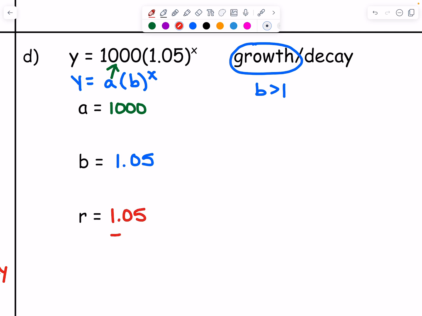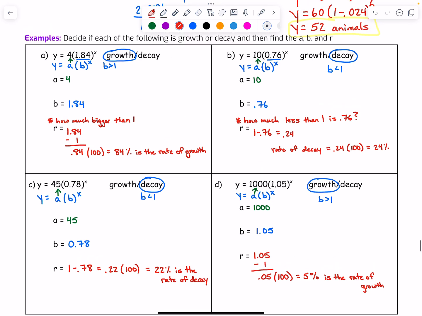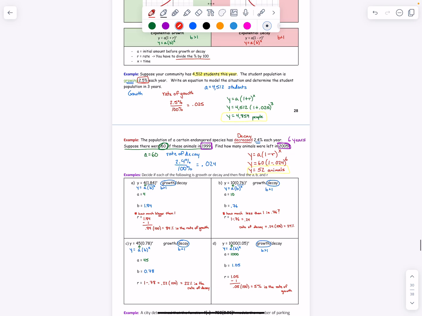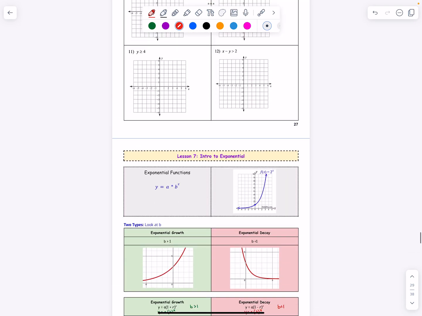So if we subtract 1, we get the difference between the two, which is 0.05. Then just multiply that back by 100 and we get 5% is the rate of growth because that's how much bigger than 1 this was, the b value. Okay, so that's enough examples for now of growth and decay and picking out some values. So we'll stop there.